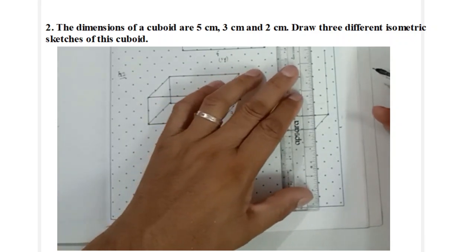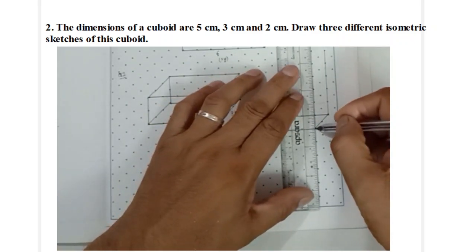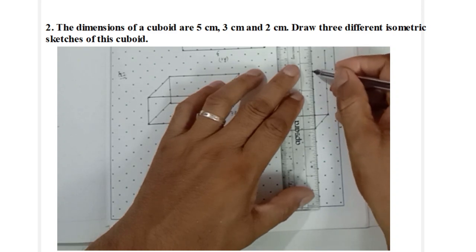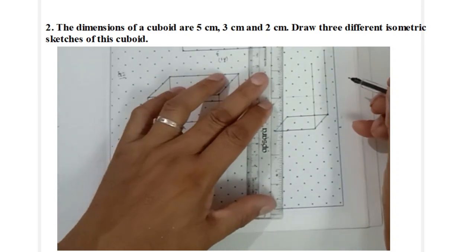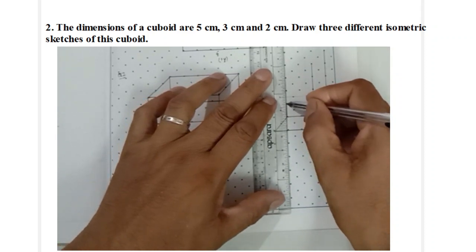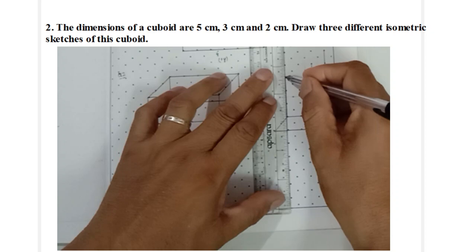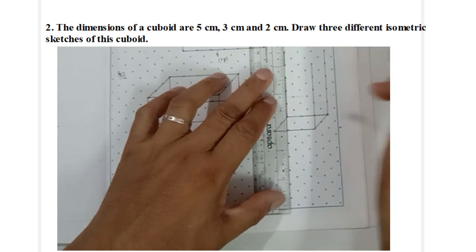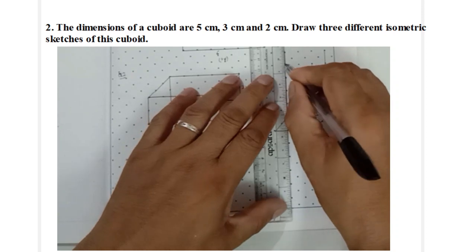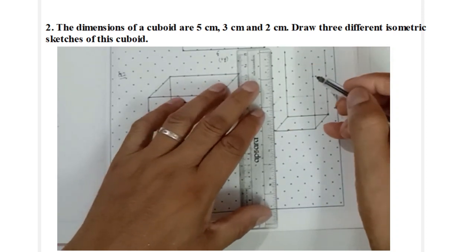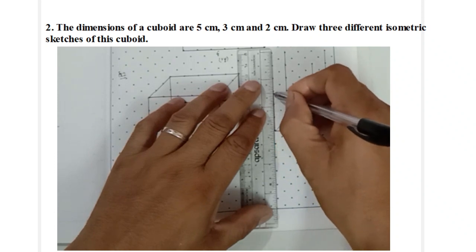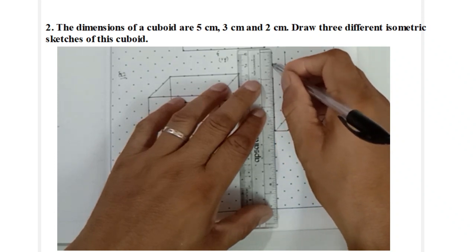Again from here 5 dots, 1, 2, 3, 4, 5. Again from here 5 dots. Then again from here 5 dots, 1, 2, 3, 4, 5.